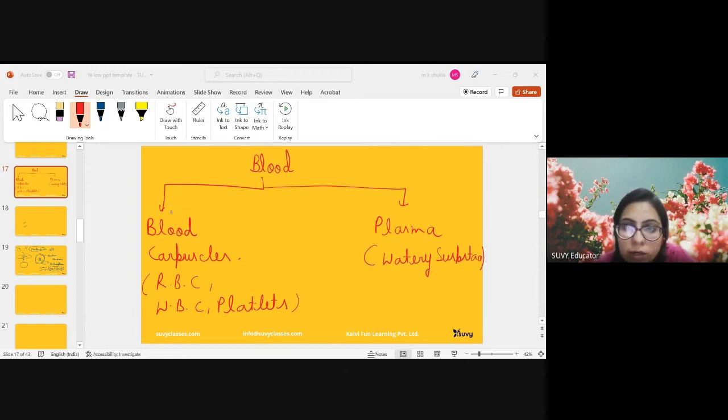The third component of blood is platelets. When you have a cut anywhere, the blood will flow out of your body. So this blood will flow and flow and flow. If you don't apply anything on that blood, what do you think? Will that blood flow continuously?